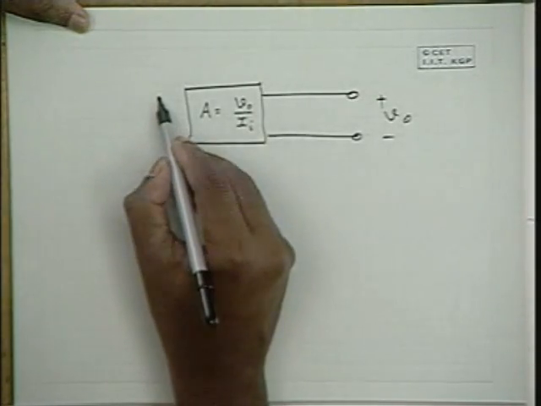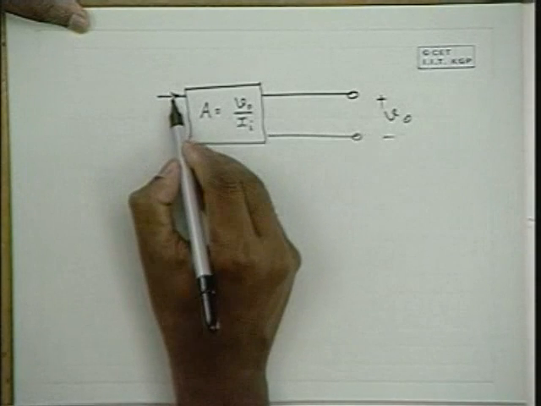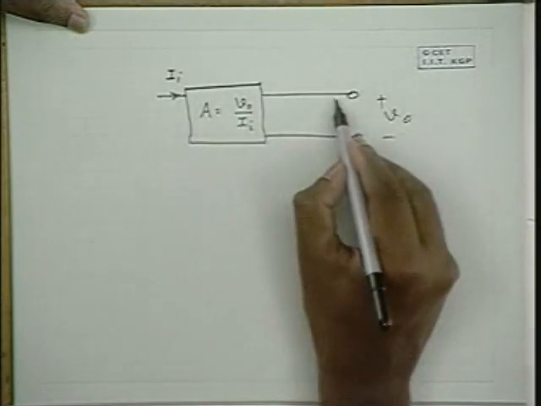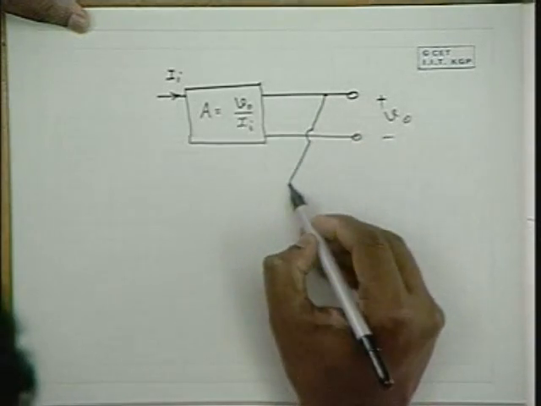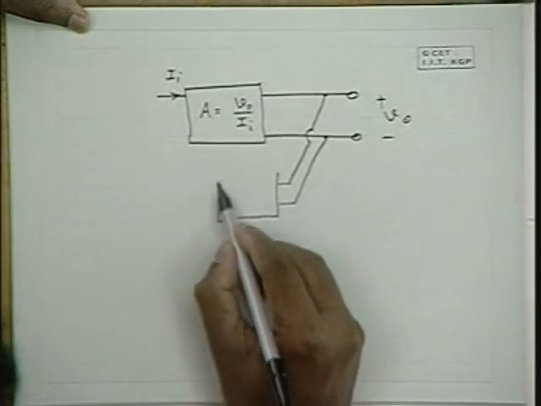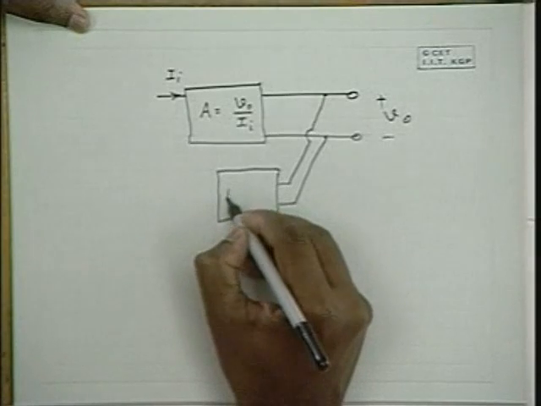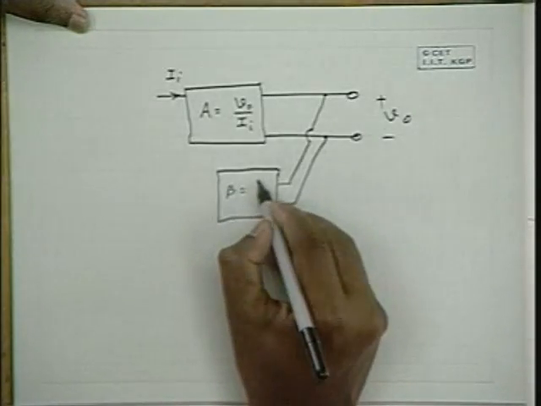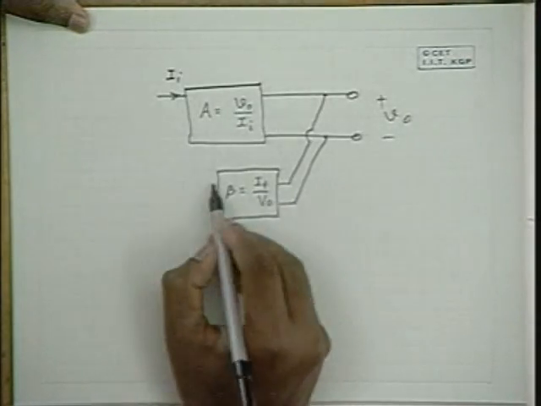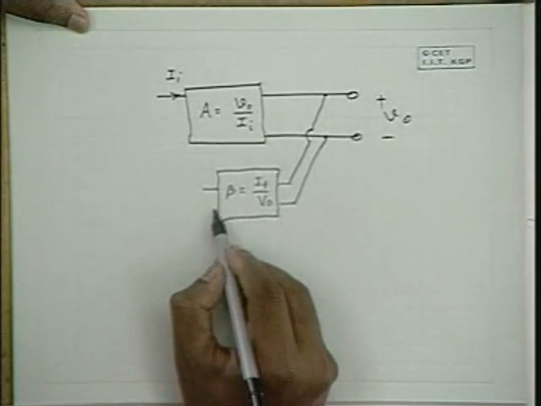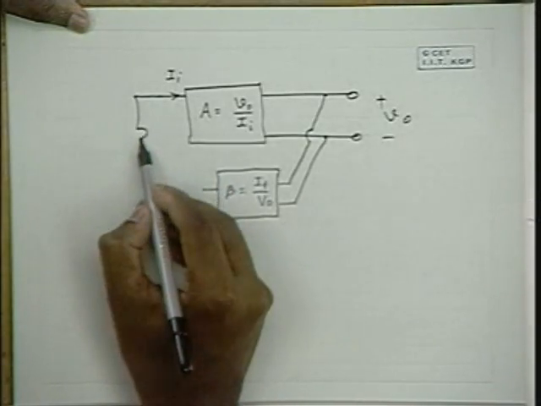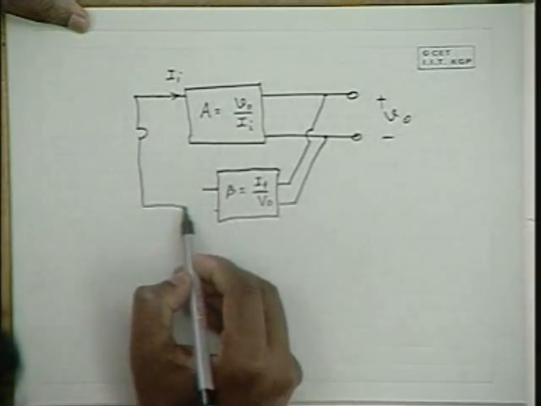where the input signal is current signal II, and the output, that is the voltage, is tapped, and through a feedback network a proportionate amount of current is generated from the output voltage, and this current is connected to the input in the opposite direction.